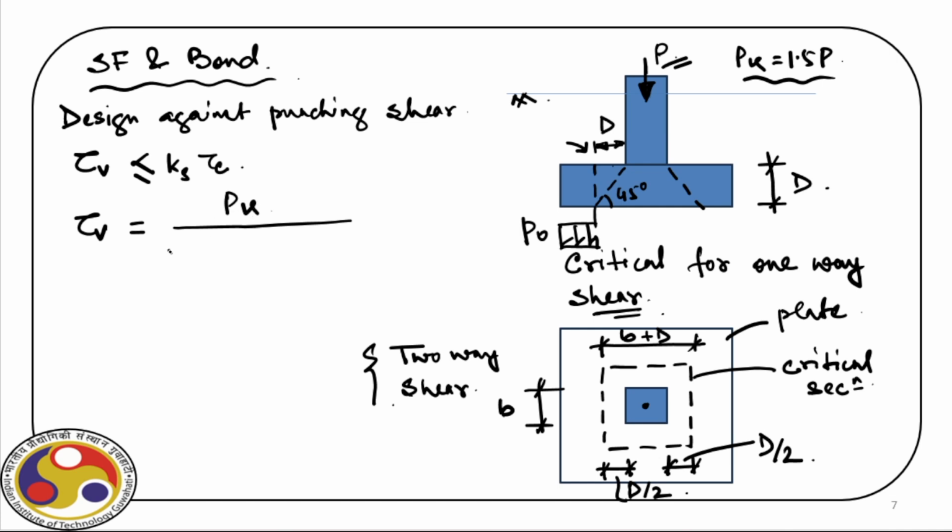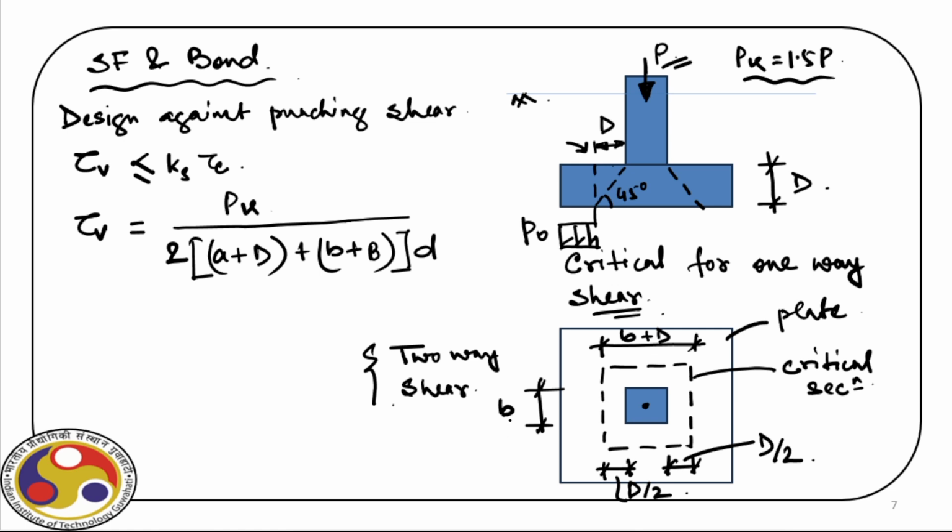Now divided by 2 times, we have A plus D plus B plus D, or let us mark it B times D. I'll explain all this in a minute.